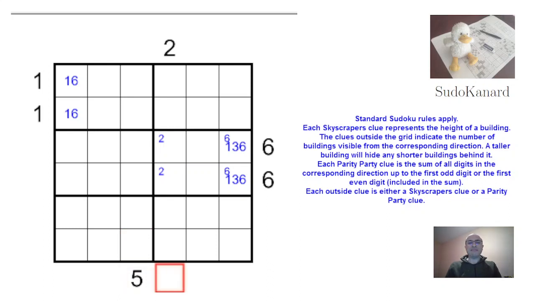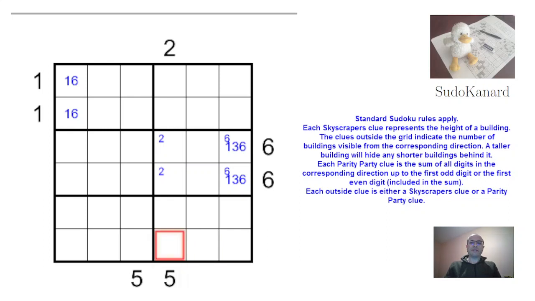And then I'm tempted to put a 5 here, because let's remember that this 2 is a skyscraper's clue. If this 5 is a skyscraper's clue, well, let's ponder what we can deduce from that.